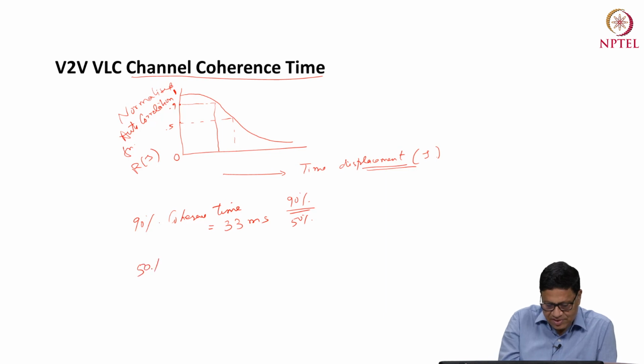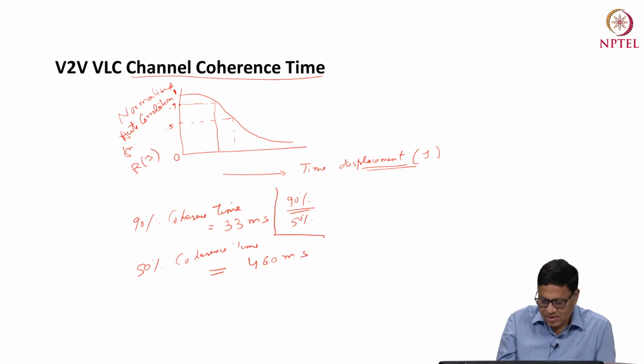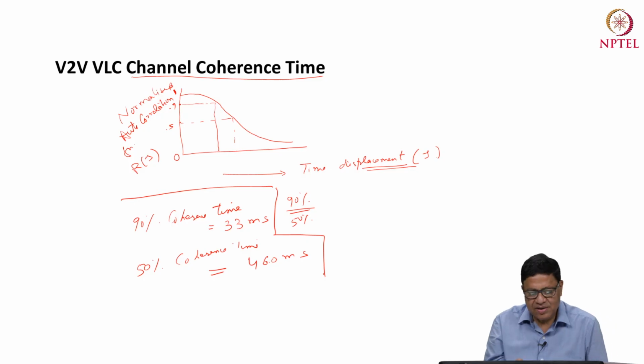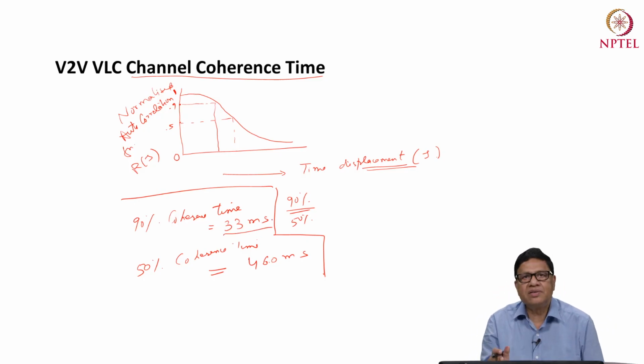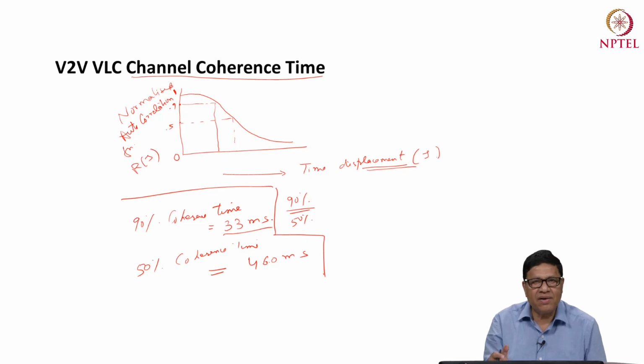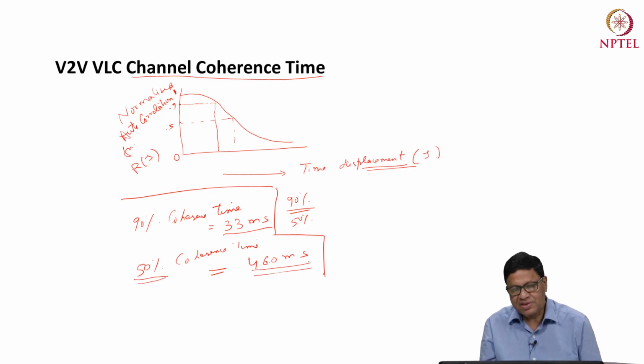Whereas if you take the 50% correlation definition, it is of the order of 460 millisecond. So in the first case, with the 90% definition, the channel is constant for 33 millisecond. Only after that do you require estimation of the channel. And if you take a looser definition, which is 50%, it is about 460 millisecond.